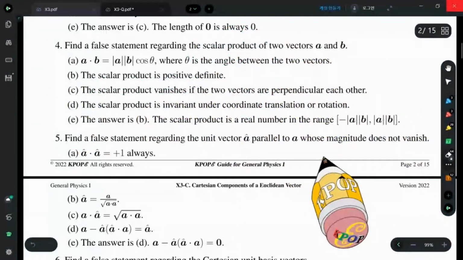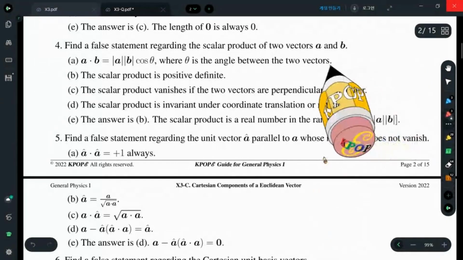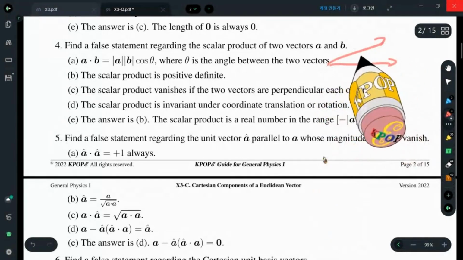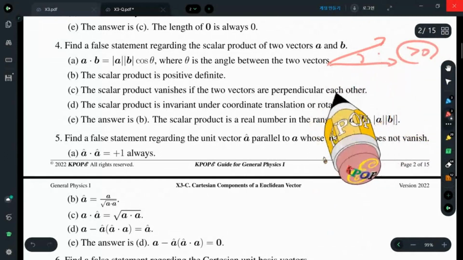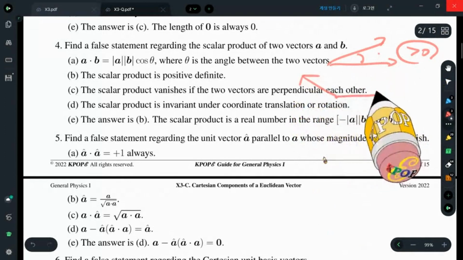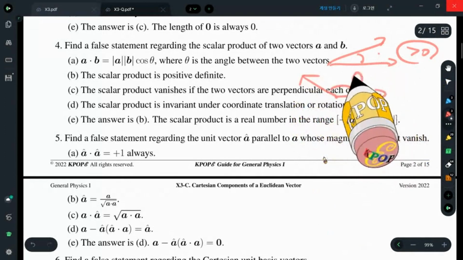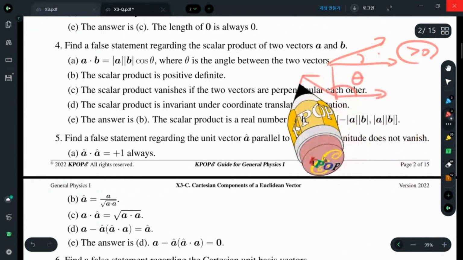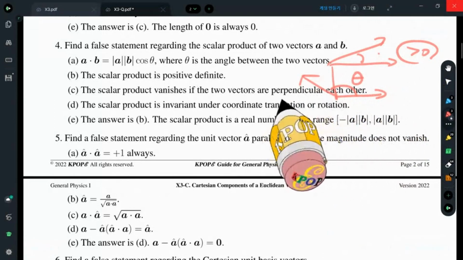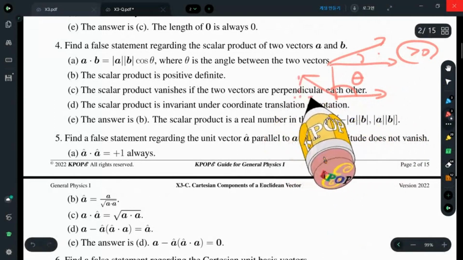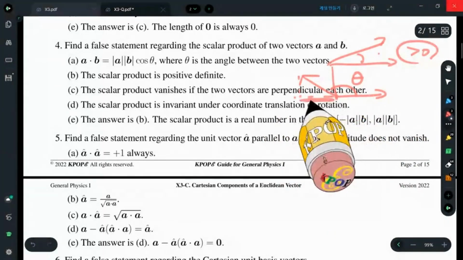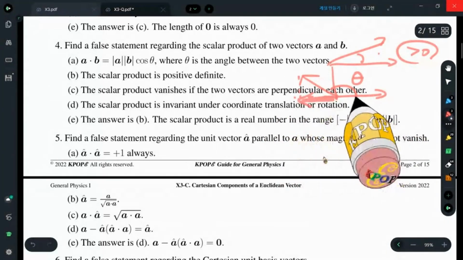The scalar product is positive in this case. However, in this case, if angle theta is greater than a right angle, then they have opposite components. So the projection, the parallel component projection, is opposite.